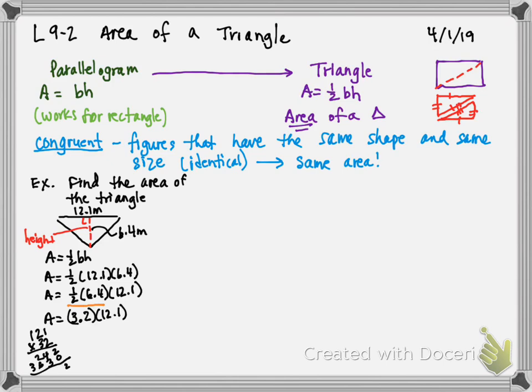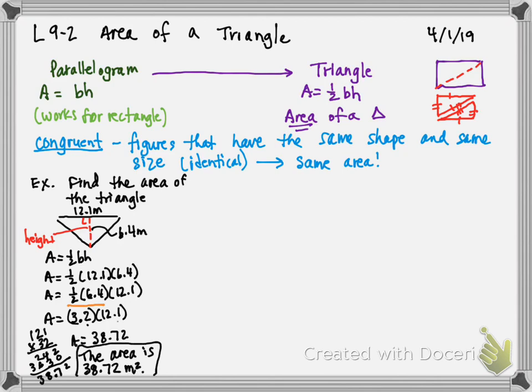I get a 2, I get a 7, I get an 8, I get a 3. And let's see, there were 2 digits after the decimal point. So I get the area was 38.72. So the area is 38.72 square meters.